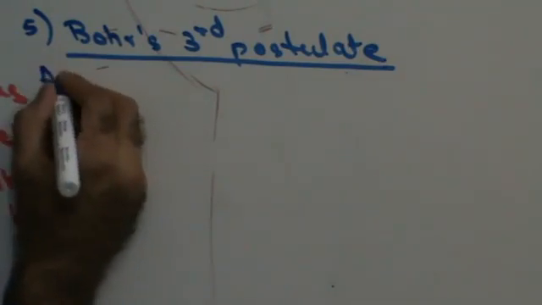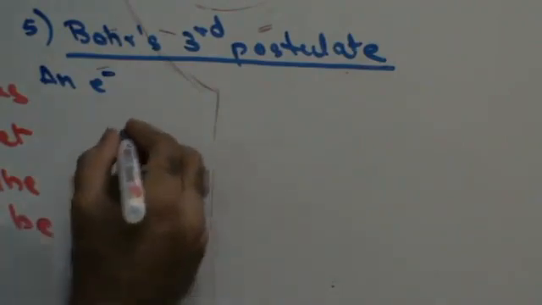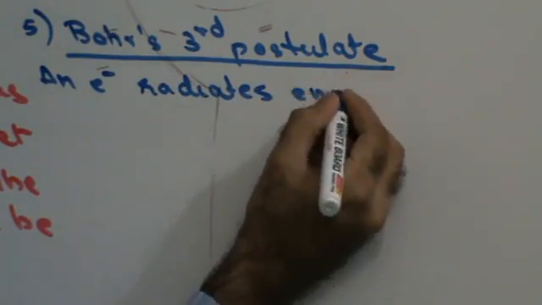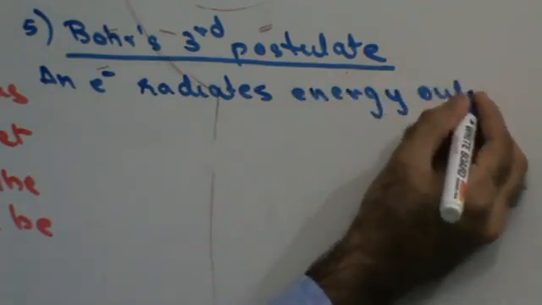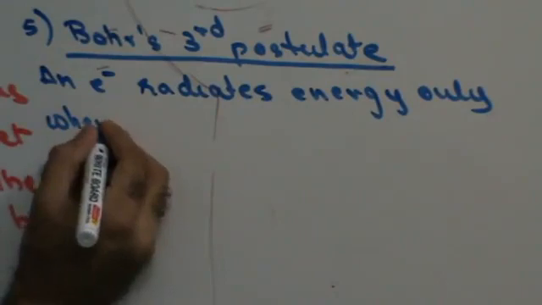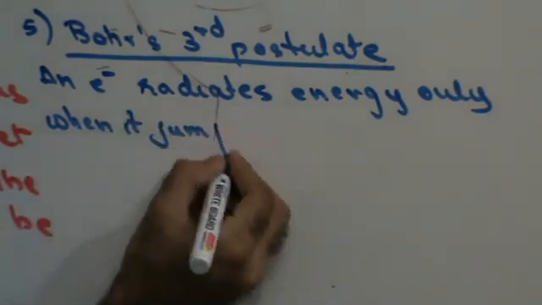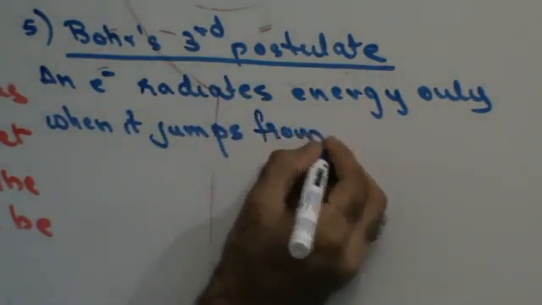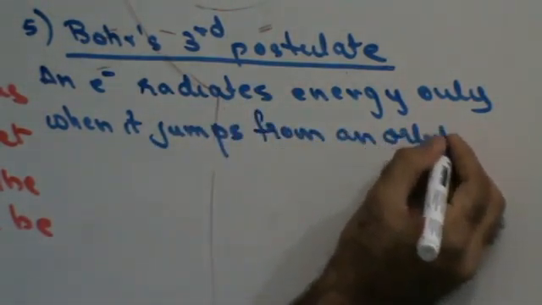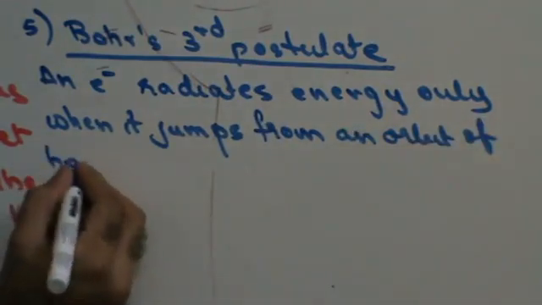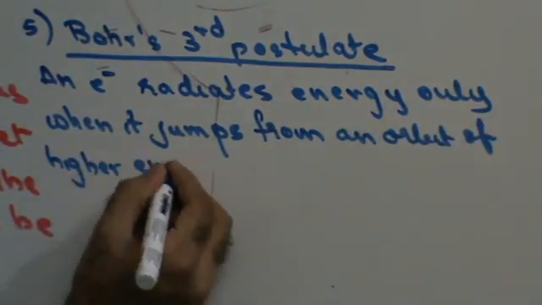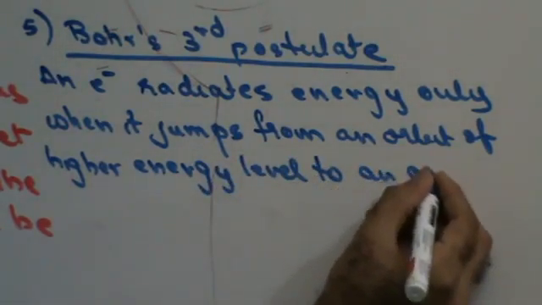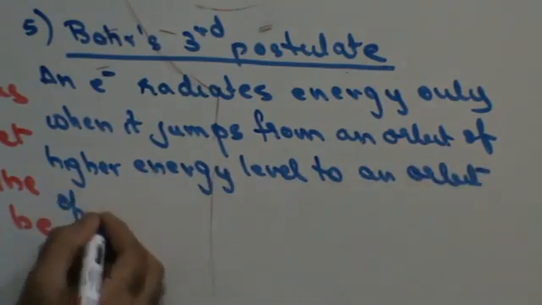So I can say that an electron radiates energy only when it jumps from an orbit of higher energy level to an orbit of lower energy level.